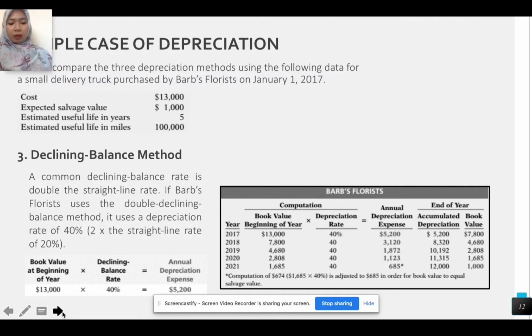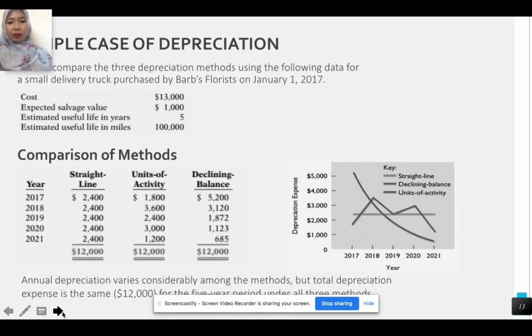The next slide is the comparison of the three methods. Annual depreciation varies considerably among the methods, but the total depreciation expense is the same, that is $12,000.